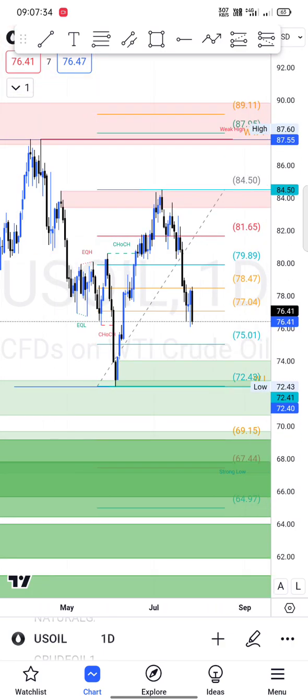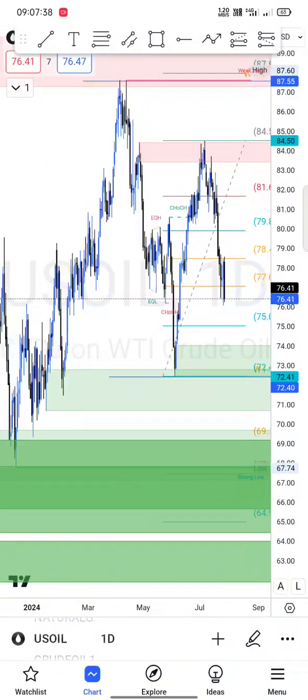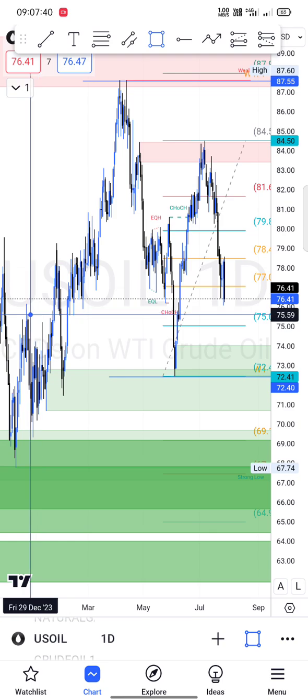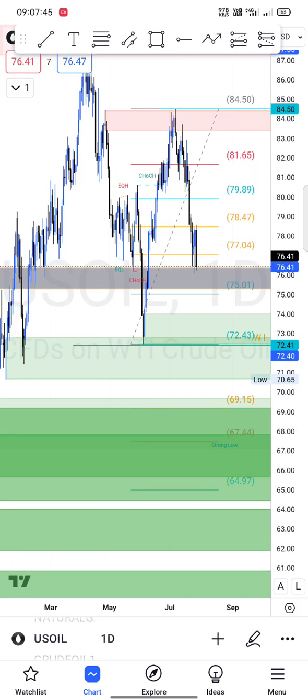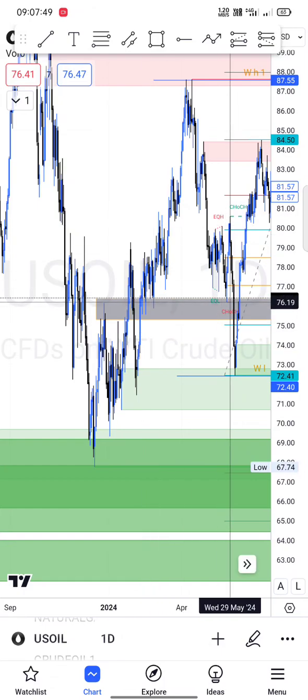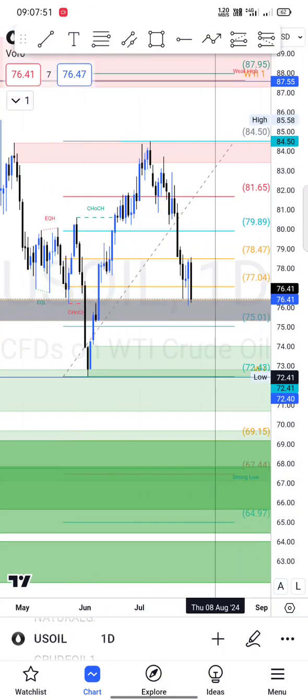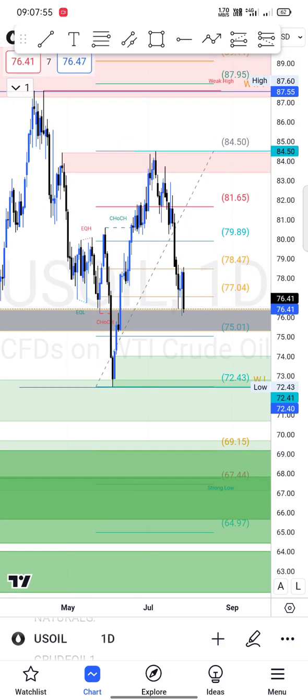The retest area is broken, and previously this area was acting like a support area. You can see this fully as a key level. Previously resistance and support, here also a small support, and now the current market is at a key level in the daily chart.